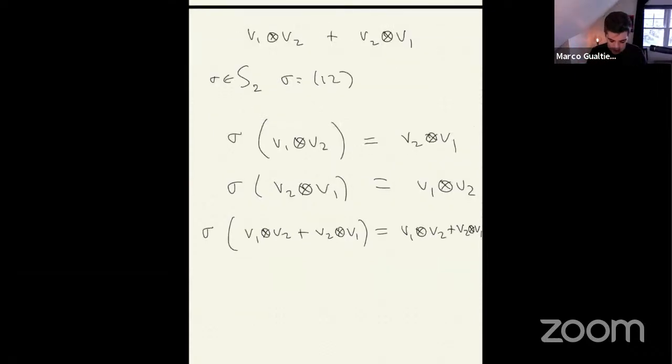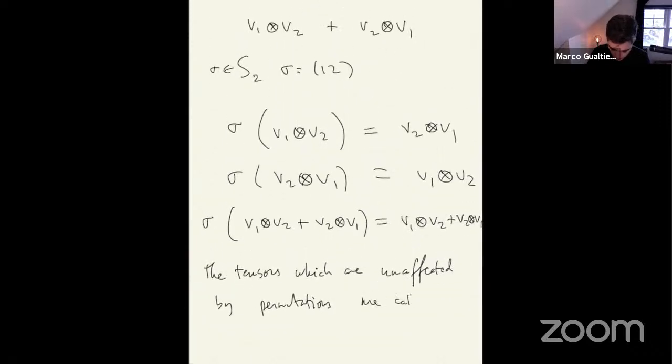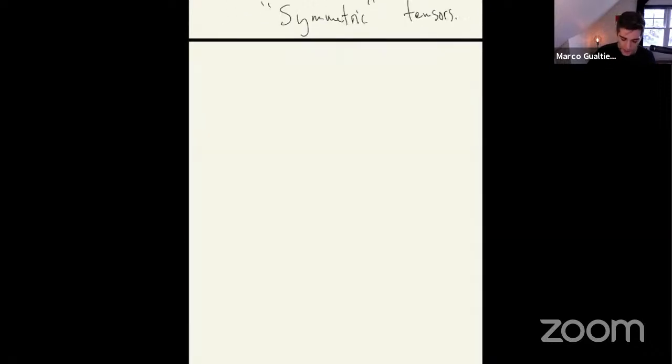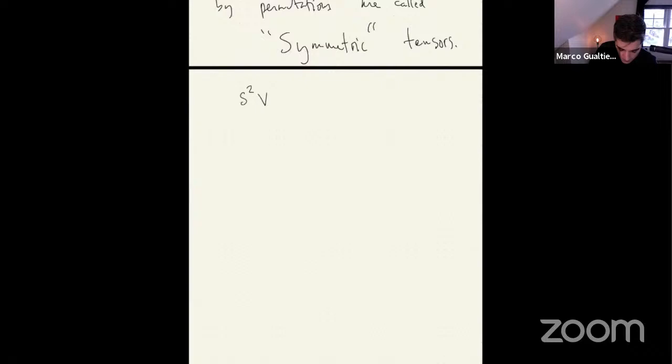These tensors, the tensors which are unaffected by permutations, are called the symmetric tensors, and they form a subspace of the tensor product of V with itself.